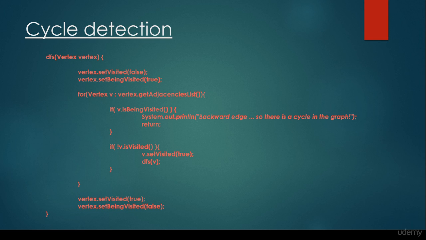At the end we have to set visited to be true and set being visited to false, but what's very important as far as cycle detection is concerned, is that if we visit a vertex while this v, so the neighbor, is being visited, then we know for certain that there's a backward edge, so there's a cycle in the graph, so we have to return.